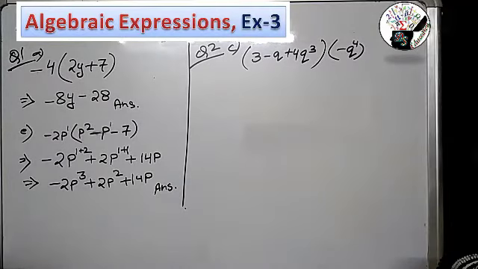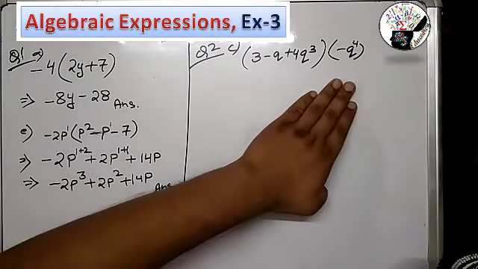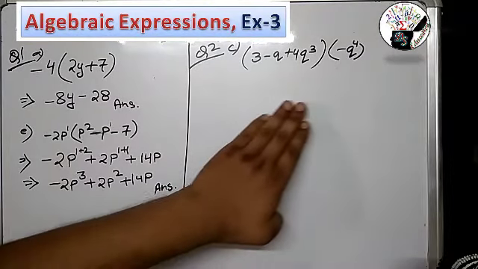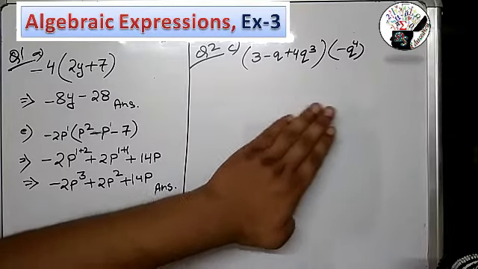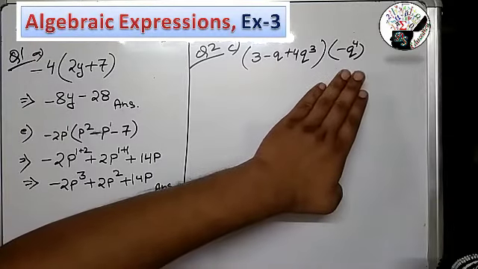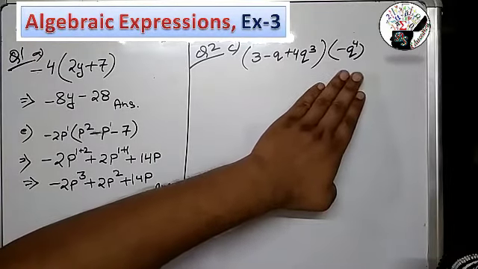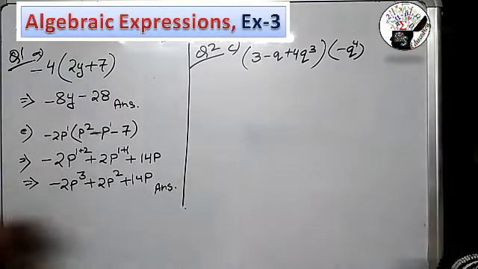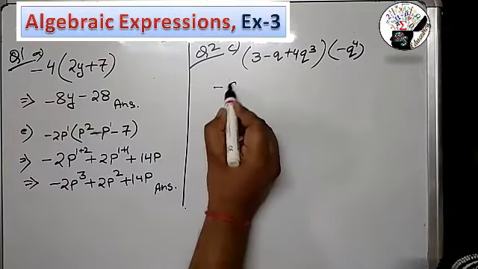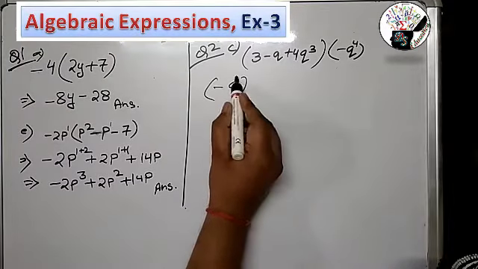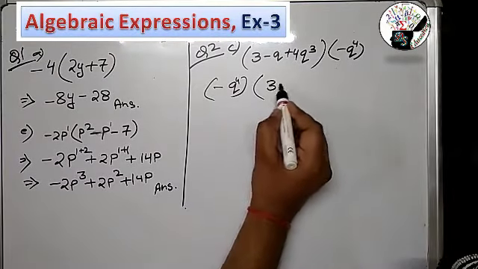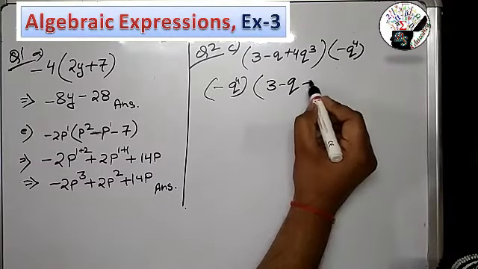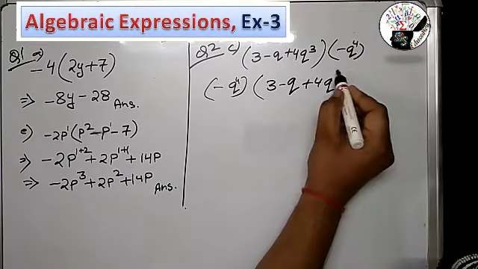So what we will do, we will just change this one over to the left hand side. We can do directly also, but to make the question a little convenient for the students, we write the multiplier, minus q, over here, and then 3 minus q plus 4q to the power 3.